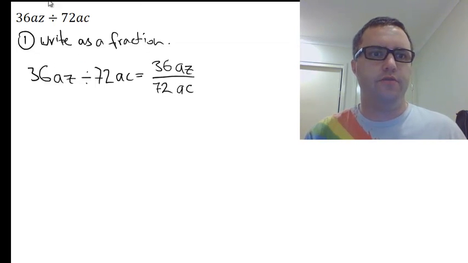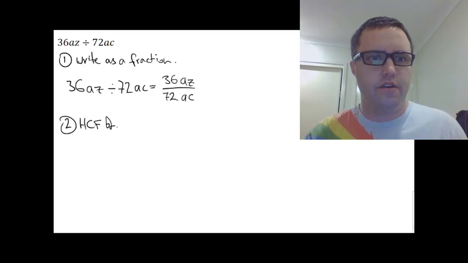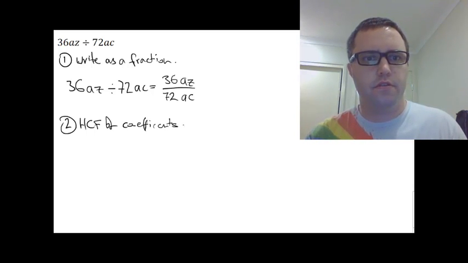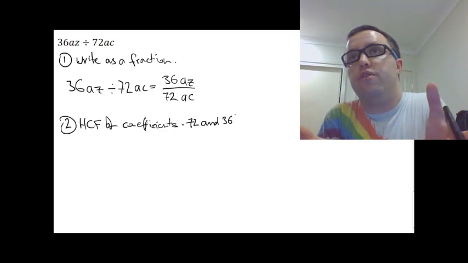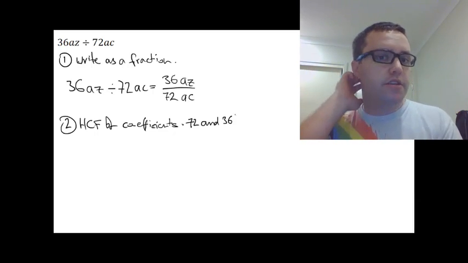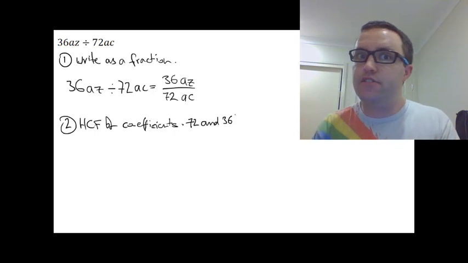First things first, we've written it as a fraction. Second, HCF of our coefficients. Okay, so 72 and 36. Again, you need to get very familiar with your times tables up to 100, so you can quickly know that 36 times 2 is 72.